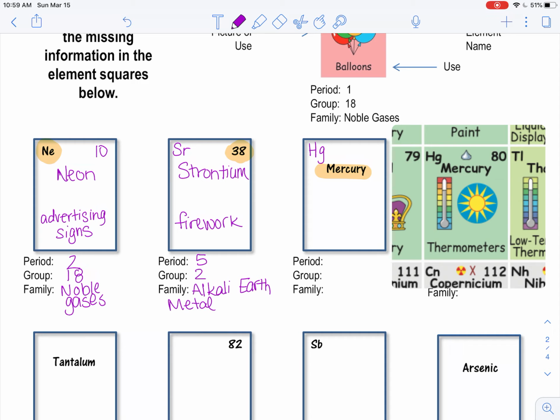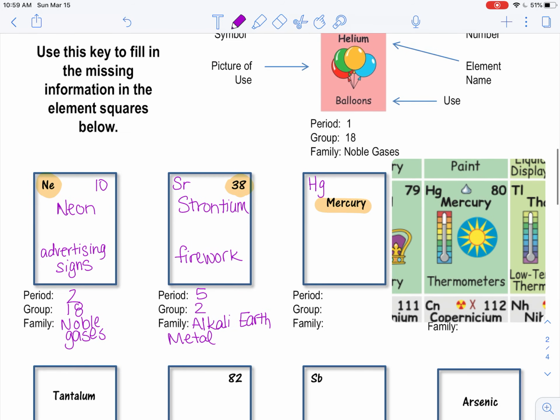Mercury's symbol is one of those ones that doesn't seem like it makes a lot of sense to us now because it doesn't match the way that we pronounce the word, but its symbol is from back before it was actually called mercury. And our atomic number is 80, and it's used in thermometers.